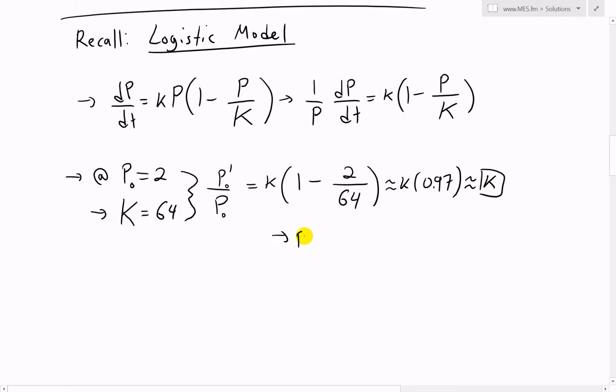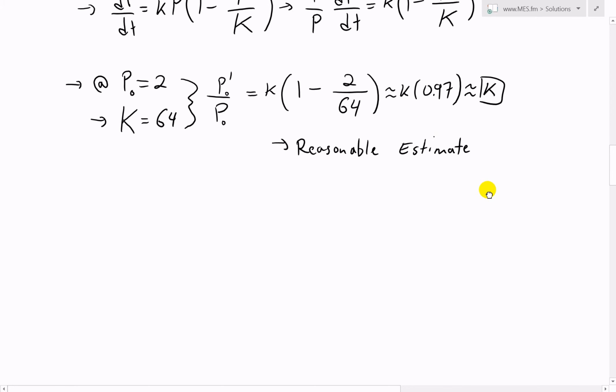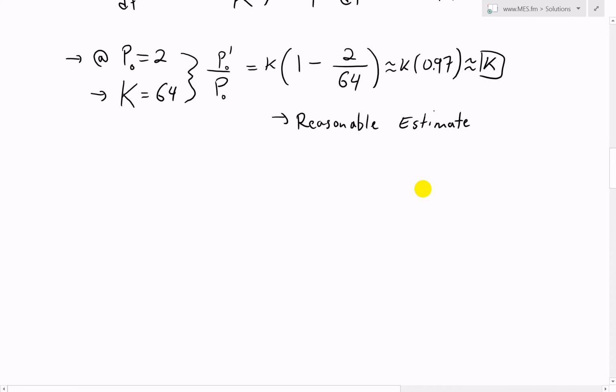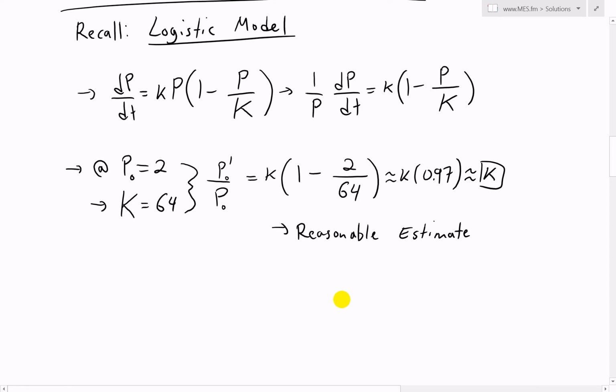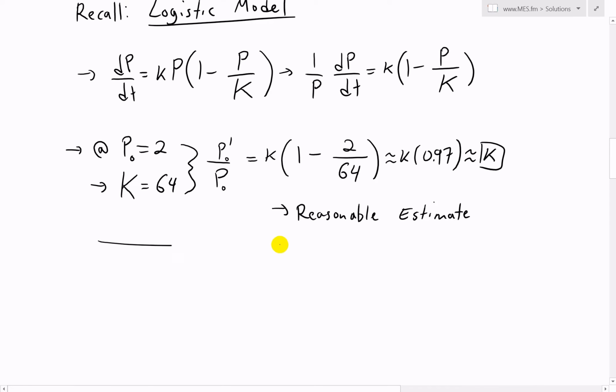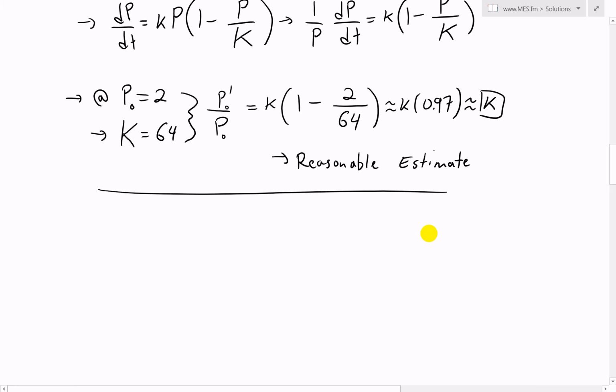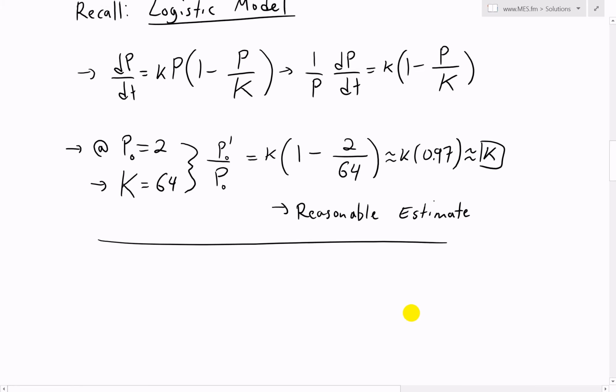So I'll write: a reasonable estimation for the k value, basically assuming that it's the relative growth rate that he had determined, the initial relative growth rate.